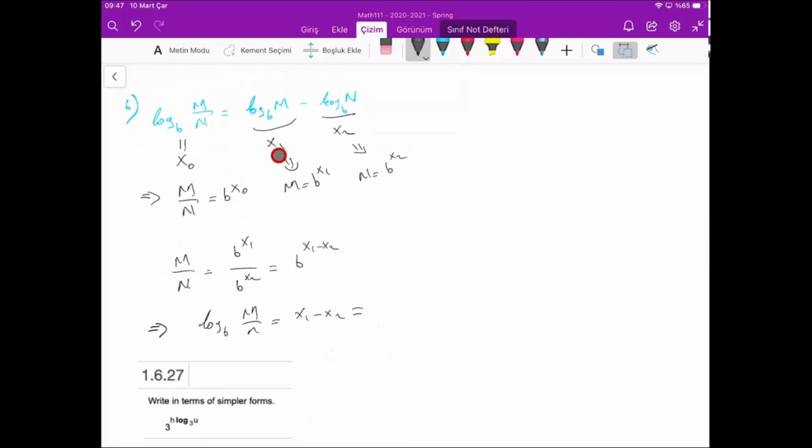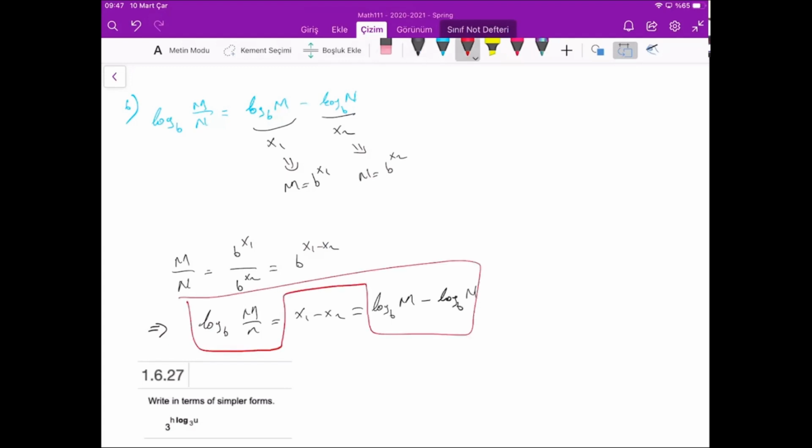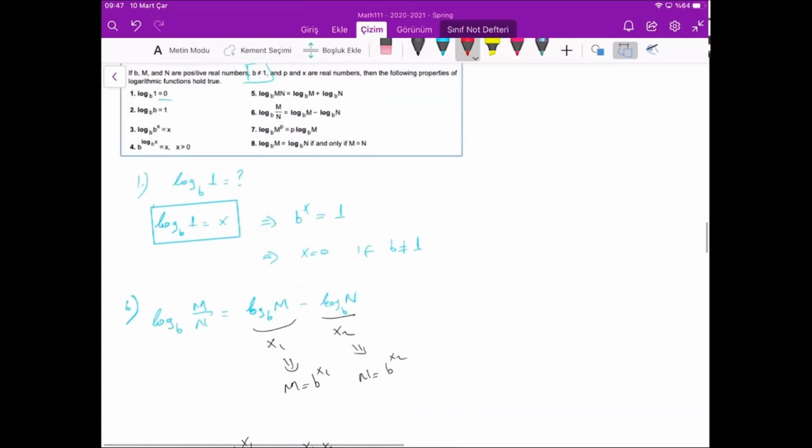What is x1? x1 is logarithm base b of m, minus x2, which is logarithm base b of n. So we found our property, as you see. This is one property of the logarithmic function.